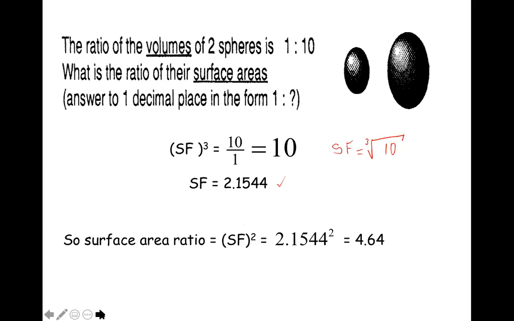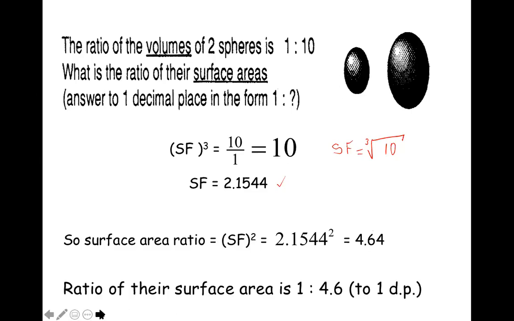So that's your ratio, and they've asked us to answer to 1 decimal place. So if the big ball is 10 times bigger than the small ball in terms of volume, in terms of area, the big ball is 4.6 times bigger than the small one.